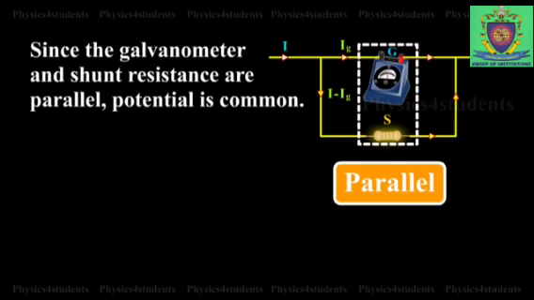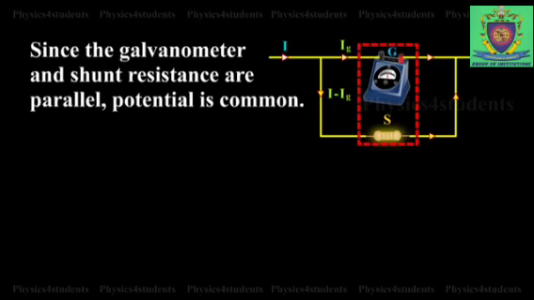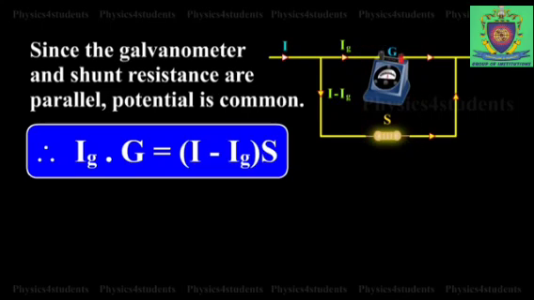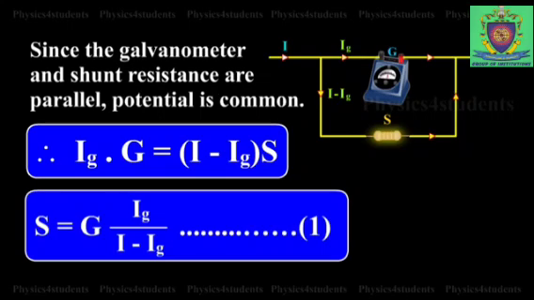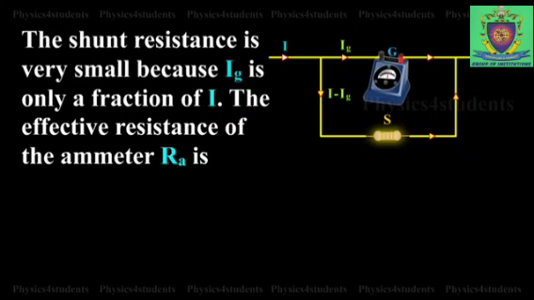Correct? In the parallel combination, the potential difference is common. By Ohm's law, I know that V equals IR. So in place of I, I am writing Ig for the galvanometer, with resistance G, equals, in place of resistance S, the current passing is I minus Ig. So S will be equal to G into Ig divided by I minus Ig. So this is the equation I will be getting.